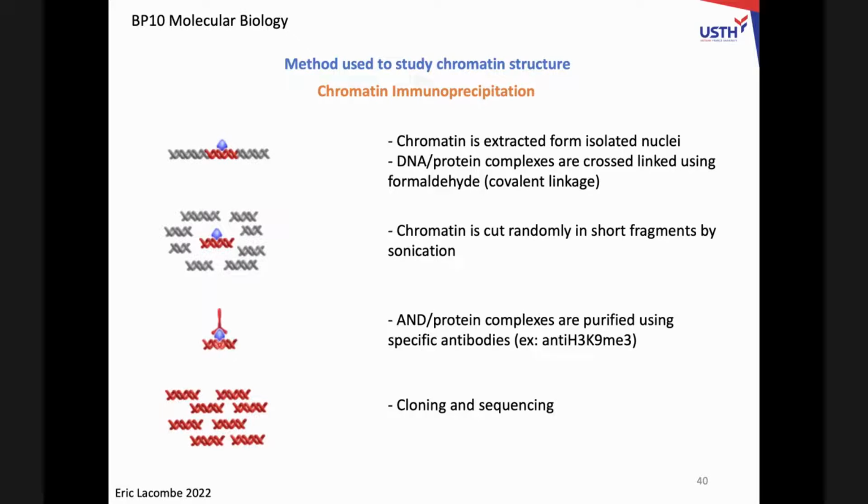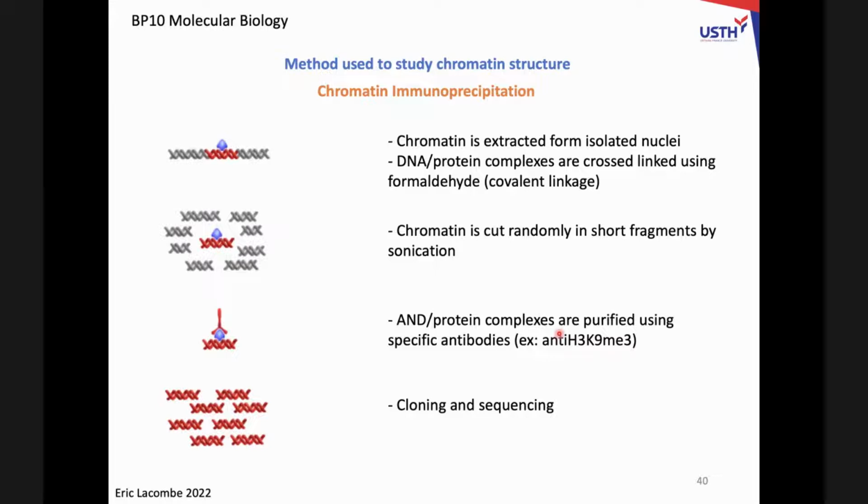At the end, we can collect all the purified complexes, which are DNA plus the protein, and we can clone and sequence them. So chromatin immunoprecipitation is a simple procedure, a simple immunoprecipitation, but it's very powerful because we have plenty of antibodies extremely specific against different histones with different post-translational modifications.